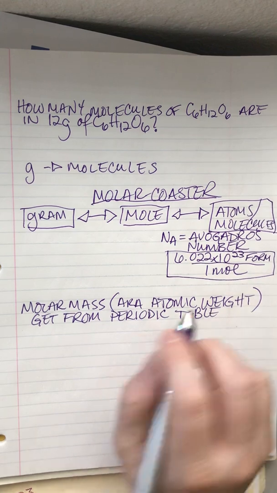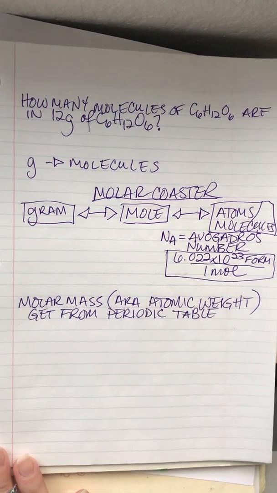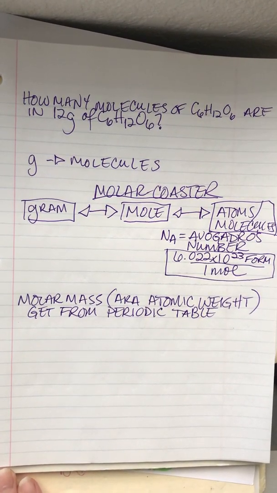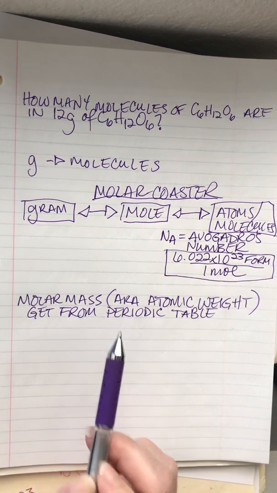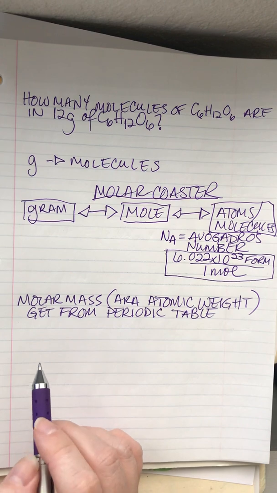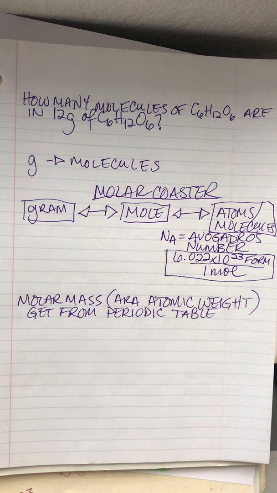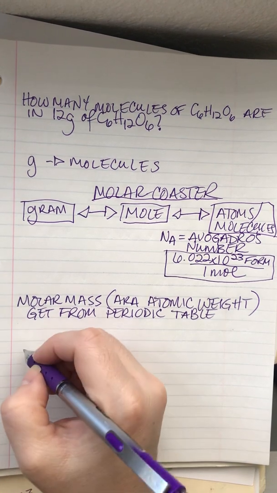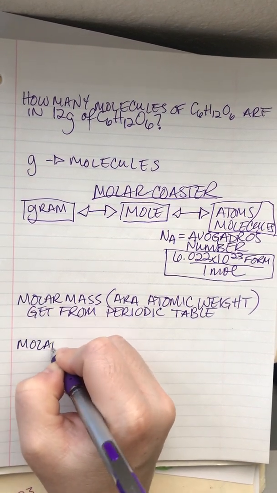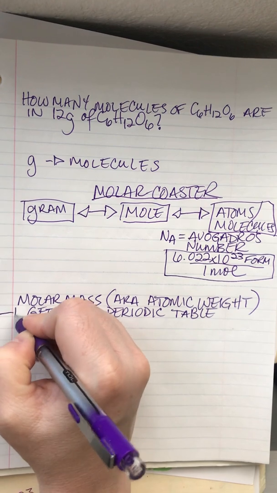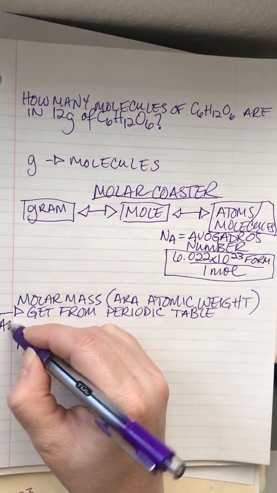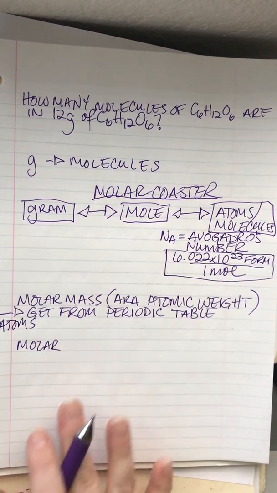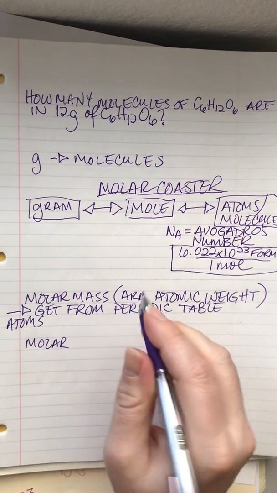And I believe in chapter 4 there was a little bit of information about how to find the molar mass for compounds or molecules, right? If you didn't look at that before, that's fine, no problem. We're going to look at it right now. So this is from the periodic table, where we get the molar mass of the atoms, right? So that's looking at the molar mass of an individual atom.